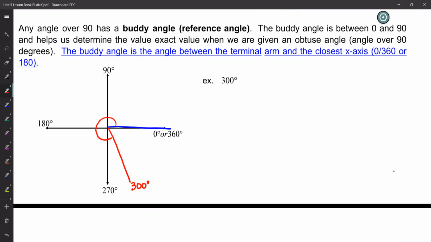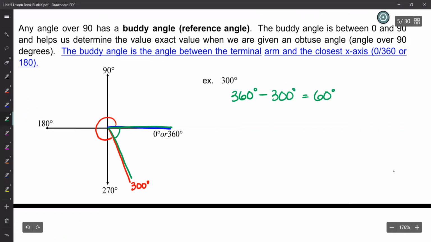And when I go to find the reference angle for 300, or the buddy angle, I'm going to find the angle between the 0, 360 line and my terminal arm. So this is the reference angle inside here. It's the acute angle between your angle and the horizontal. So what's the angle between 300 and 360? So my reference angle, I'll calculate by doing 360 minus 300, and we'll get just 60. Okay, so that's our reference angle.